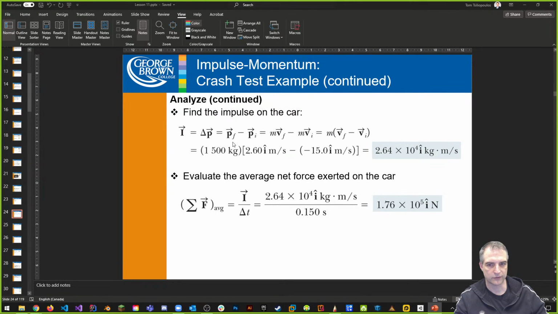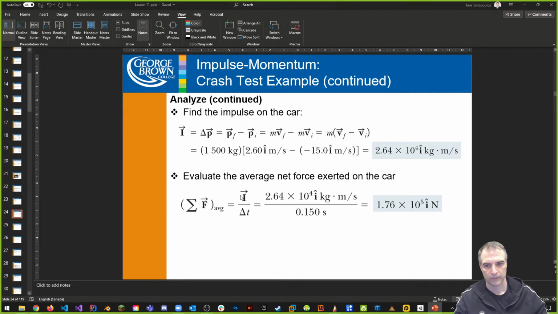The mass is 1,500 kilograms, and v final is 2.6 meters per second to the right, on the i component, minus negative 15 meters per second to the left. This works out to be 2.64 times 10 to the 4th kilogram meters per second. That is the impulse generated by this collision.